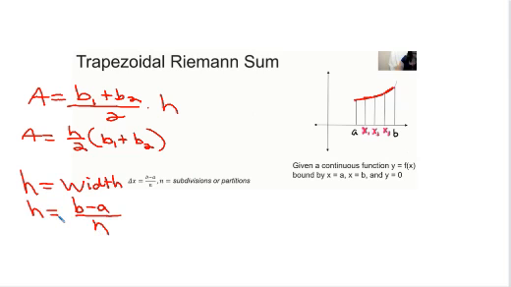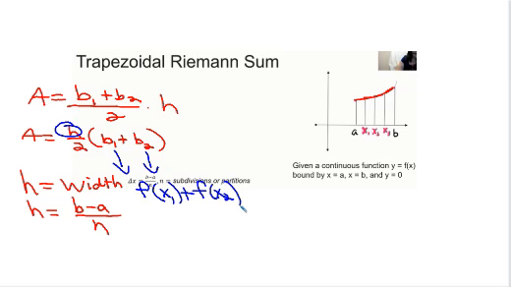That's the height, and that's going to tell me the height right here. These bases, however, are going to be f of the left edge of the rectangle. So I would say f of x1 plus f of x2. Those are the actual function values.